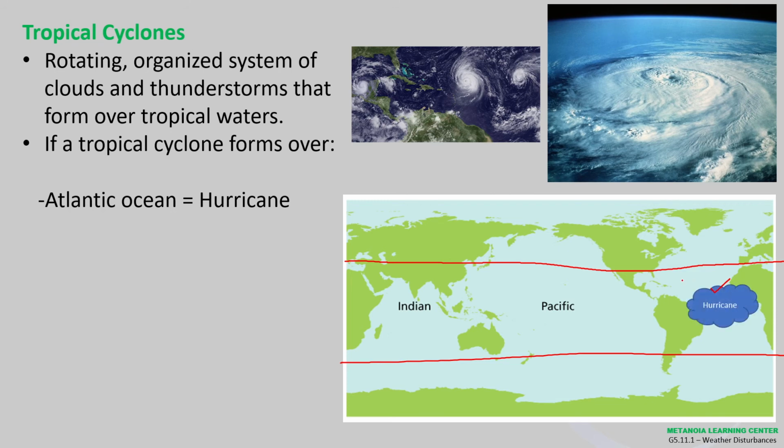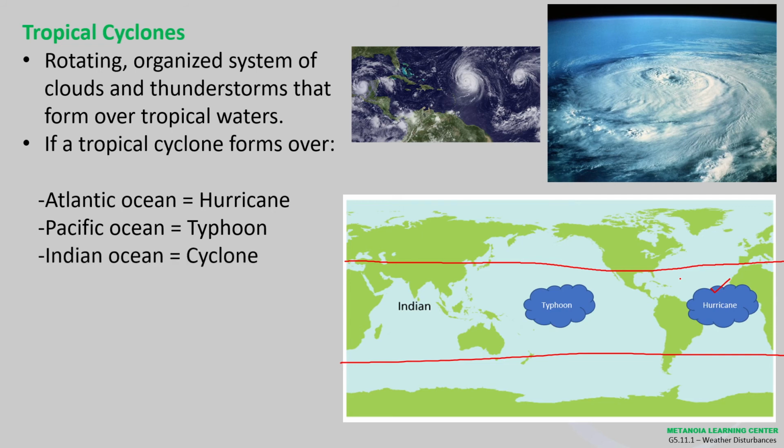If the tropical cyclone forms over the Pacific Ocean, it is called a typhoon. And if it forms over the Indian Ocean, it is just called a cyclone. So, yan yung mga different terms na ginagamit natin in certain areas where these tropical cyclones form. Okay? So, for your information lang yun.